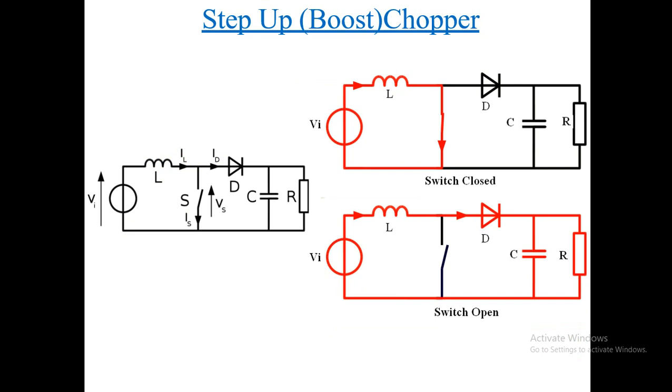Once we know the step down chopper configuration, you just interchange the components in the anti-clockwise direction, then we get the step up chopper. There are two modes of operation: one is switch closed, the other is switch open. This is switch closed operation, and this is switch open operation.